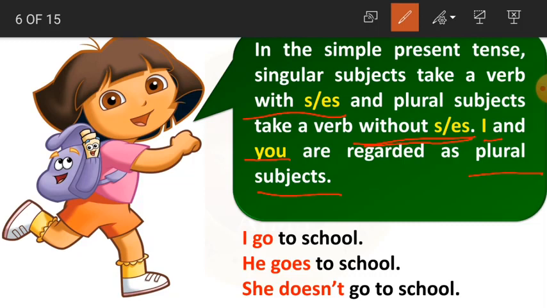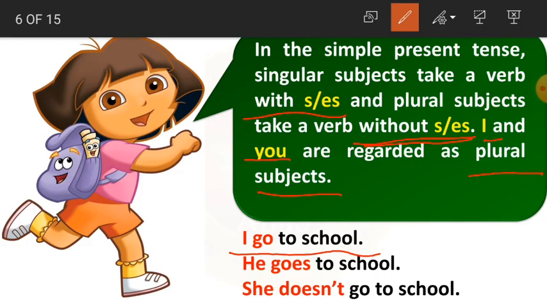See, for example, here we have taken the same sentence in 3 different forms, with singular and plural. First sentence is I go to school. Second one, he goes to school. Third one, she does not go to school.